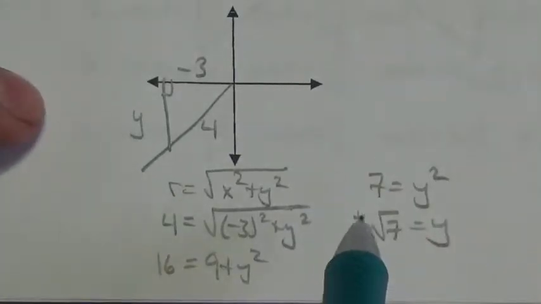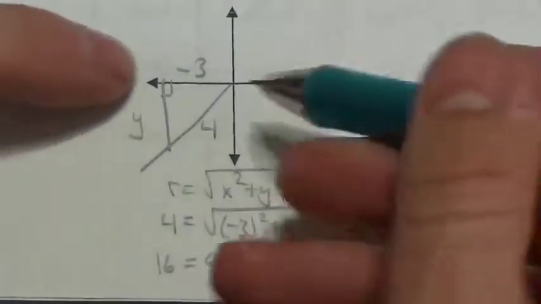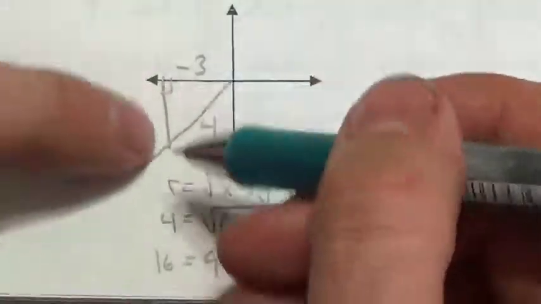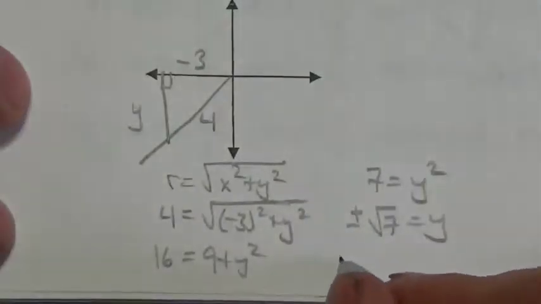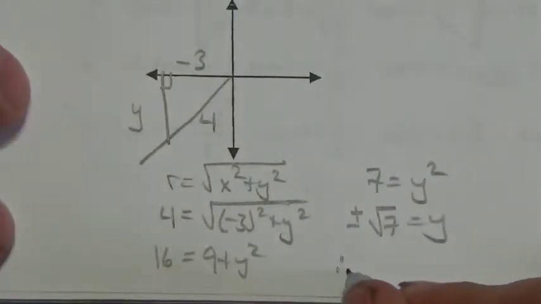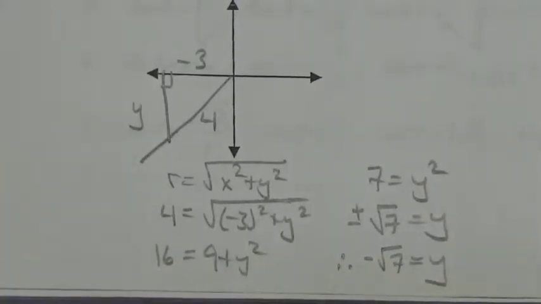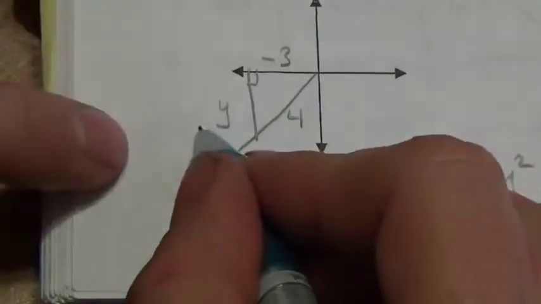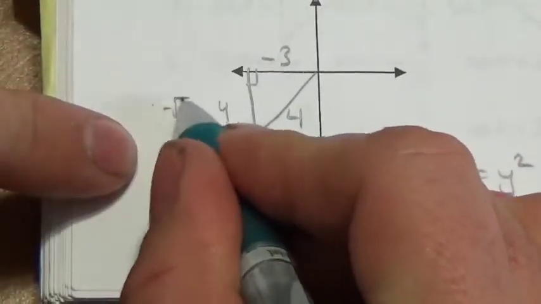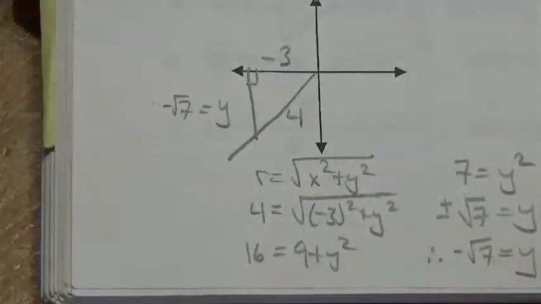I know it's not positive root 7 because the triangle is oriented so that the y-coordinate points down here. This has got to be negative root 7 as my y-coordinate, just because of where this is located. So this is going to be negative root 7 is equal to my y.